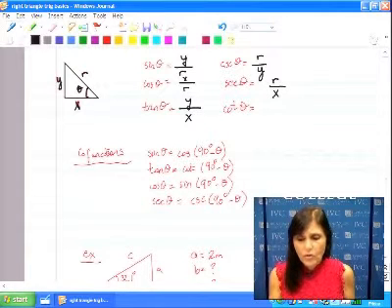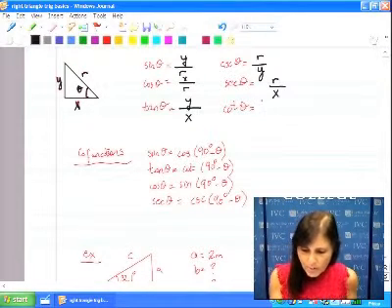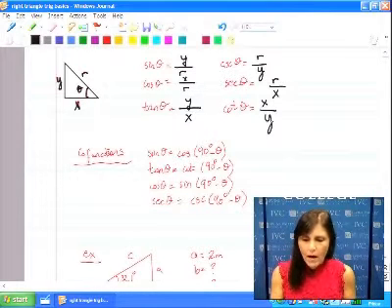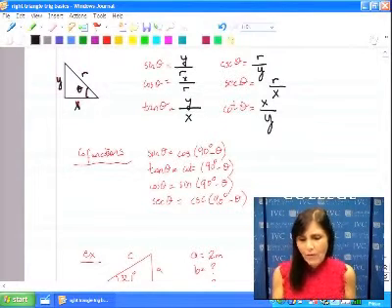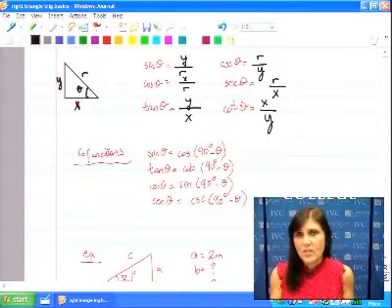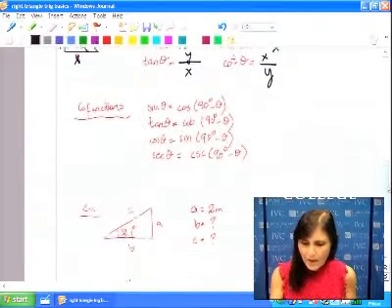And cotangent is going to be the reciprocal of tangent, so that's going to be x over y. Alright, now that we have those equalities, you just need to memorize them.